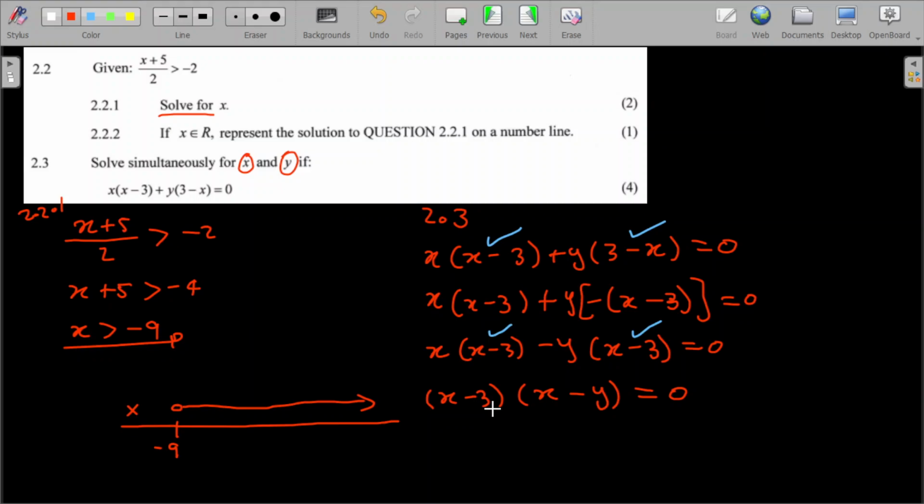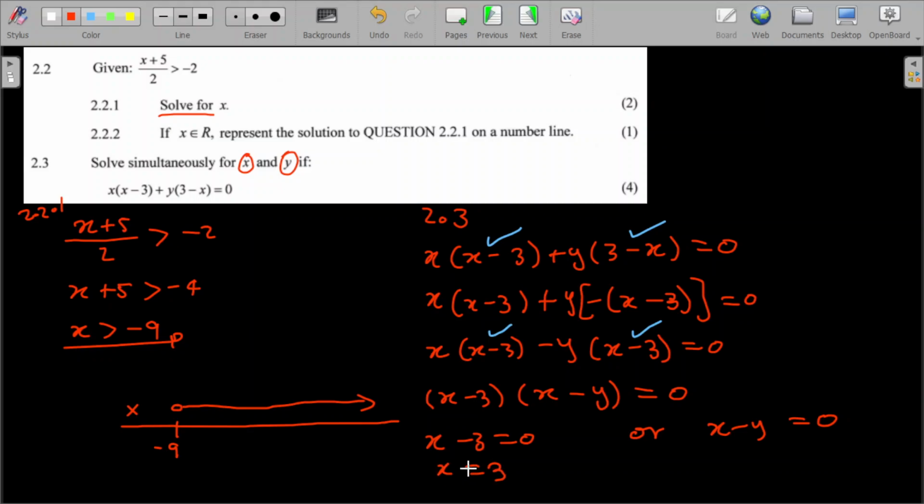Based on factorization, because we are factorizing here, I can say this is going to be equal to 0, and also this is going to be equal to 0. So x minus 3 is equal to 0, or x minus y is going to be equal to 3. Now from here I can solve for x by saying x is going to be equal to positive 3.